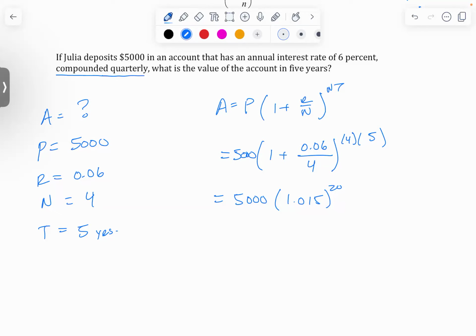So simplify the stuff in the parentheses. Do those small calculations before you input it in the calculator. Now, ideally, you can input what's remaining, this entire command, in the calculator all at once. But if not, do this as the first piece and then multiply it by 5,000.